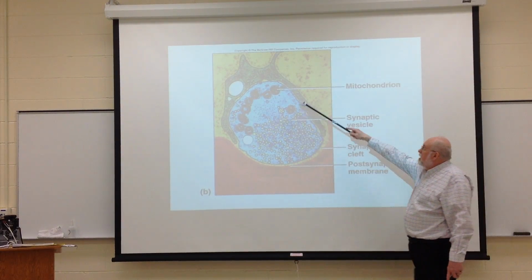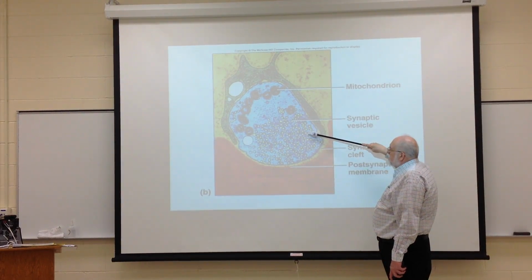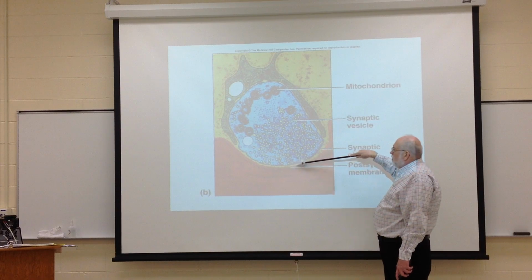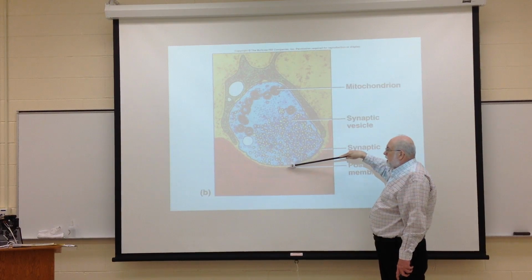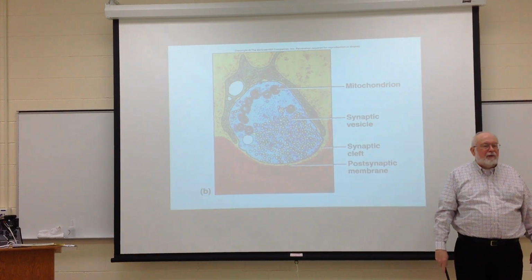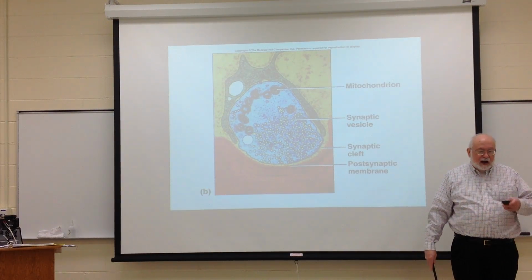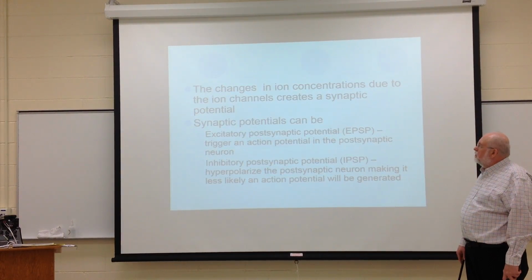And so if an impulse comes along here, opens calcium channels, calcium comes in, combines with these membranes, causes them to fuse with the membrane, opens them up, acetylcholine or whatever the neurotransmitter is they contain, diffuses across the synaptic cleft and combines with receptors that are embedded in that membrane, opening, if you're going to depolarize it, the sodium channels. Okay, right? Yes. All right, there we go.